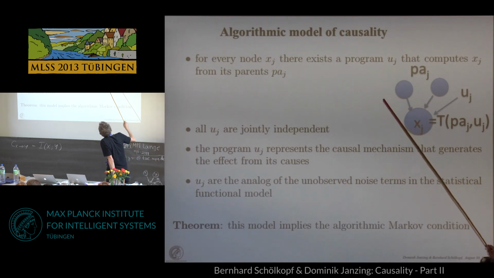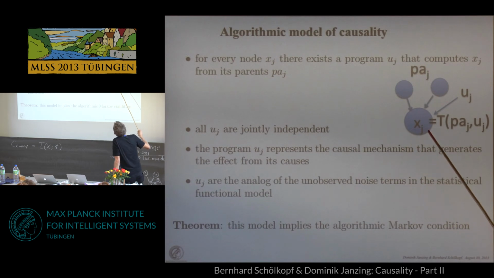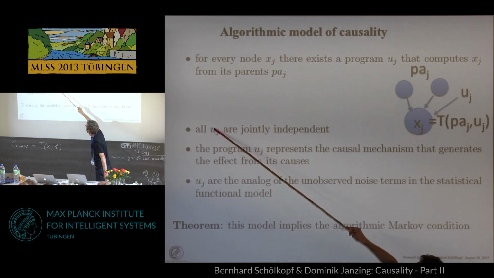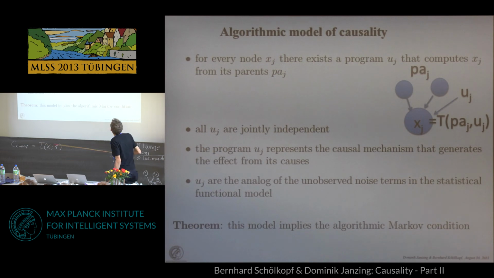You have an algorithmic model of causality where, for every node, every string is computed from its parents and an unobserved string that describes the mechanism. So this unobserved string is the analog of the unobserved noise term in the statistical sense. And then if we assume that all these unobserved strings are jointly algorithmically independent, then we can show that this implies the algorithmic Markov condition.